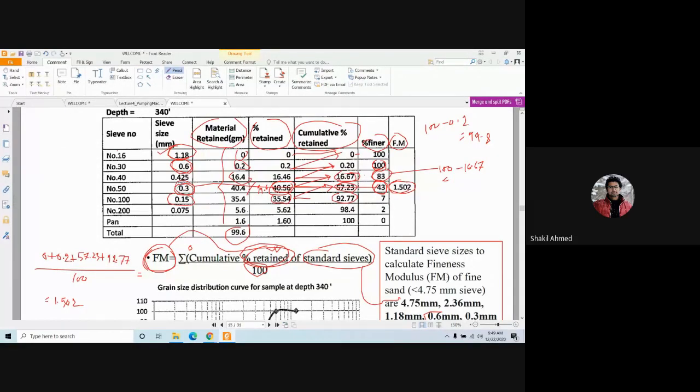Am I right? Why smaller? Because finer, because they have passed it. When a particle passes through a screen, it is smaller. So at 0.3 millimeter size, it has 43% finer. That means 43% of the aggregate particles are smaller than 0.3 millimeter. Similarly, 7% of the particles are smaller than 0.15 millimeter.